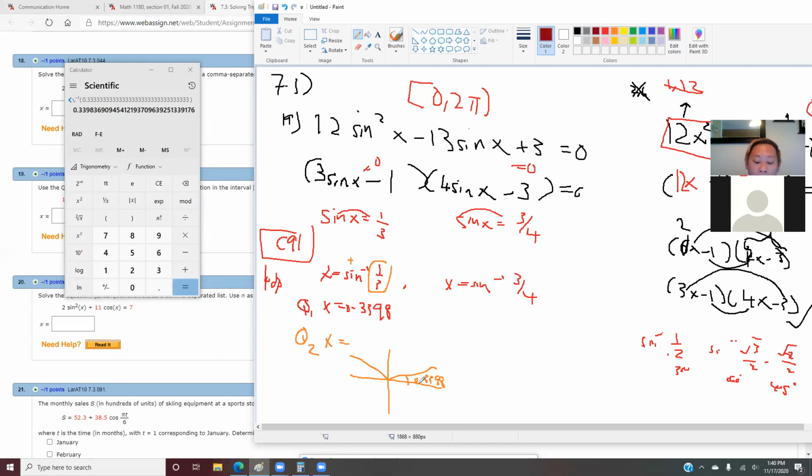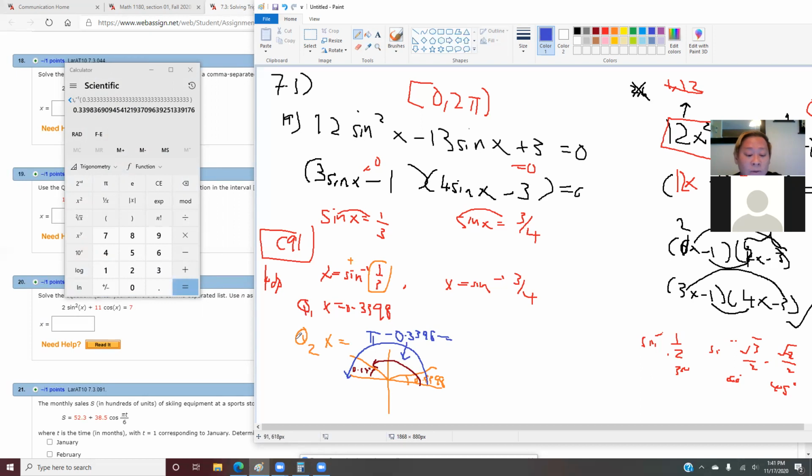How do you figure out this angle, where the reference angle is still 0.3398 because they are the same? From one end to the other end is pi. So to figure out this angle, you take pi minus 0.3398.